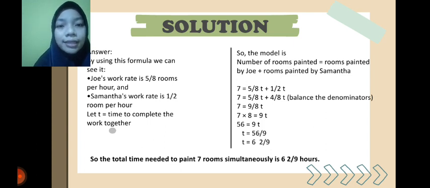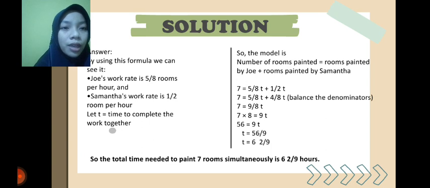We let t be the time to complete the work together. So the model is: number of rooms painted equals rooms painted by Joe plus rooms painted by Samantha. 7 equals 5/8 t plus a half t. 7 equals 5/8 t plus 4/8 t, because we balance the denominator. So 7 equals 9/8 t.